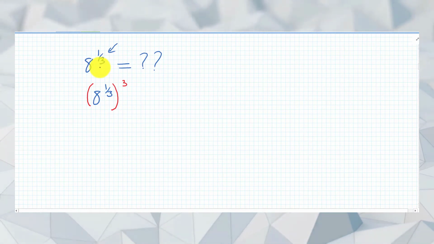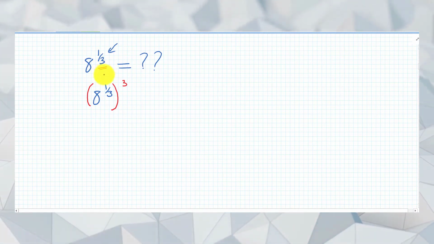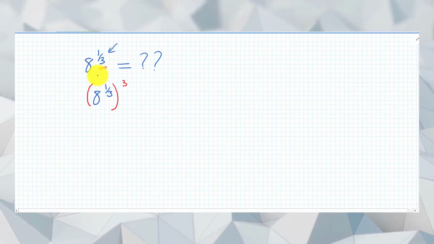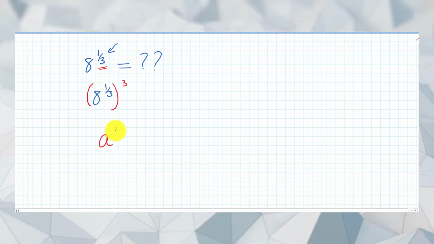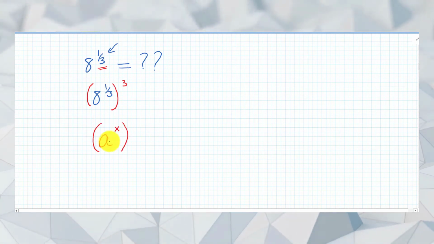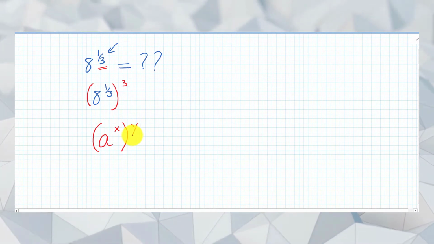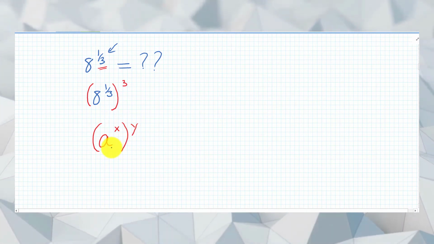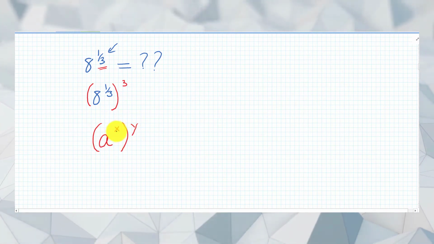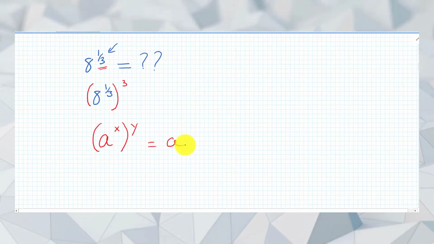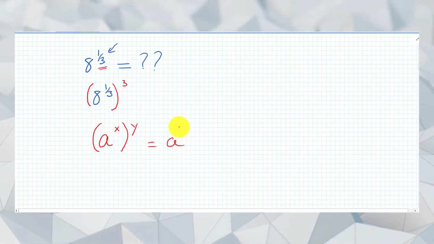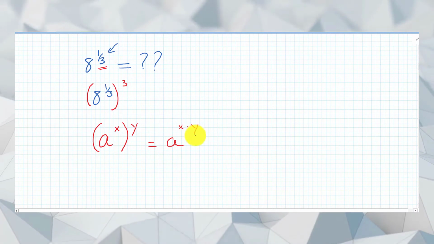Now, what's important when we extend the set of exponents is that we keep the properties of exponents. We want this property to remain unchanged. Now, what did we have before when we had a to the x to the y? Well, the property of exponents tells us to do a to the x times y.